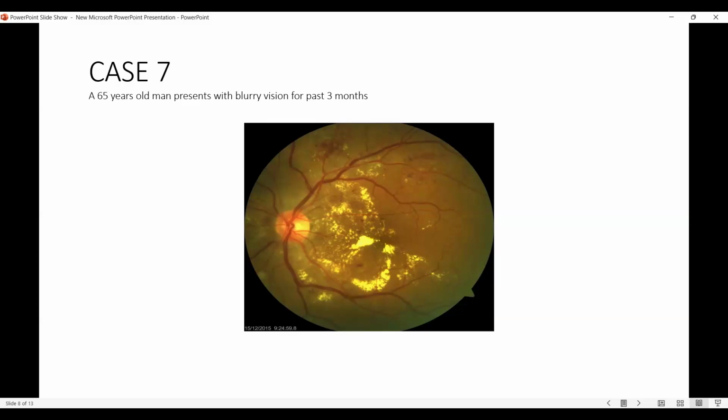Do you mean pan-retinal photocoagulation? No, grid laser photocoagulation, macular photocoagulation, or scatter laser photocoagulation.